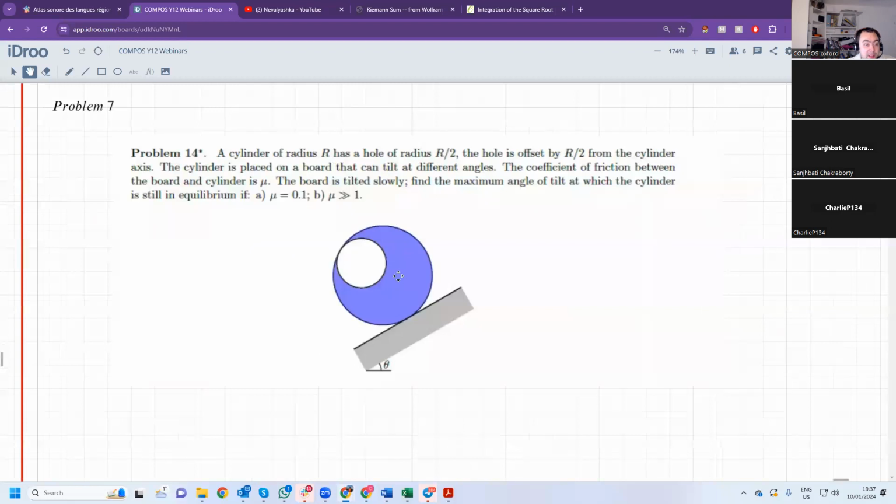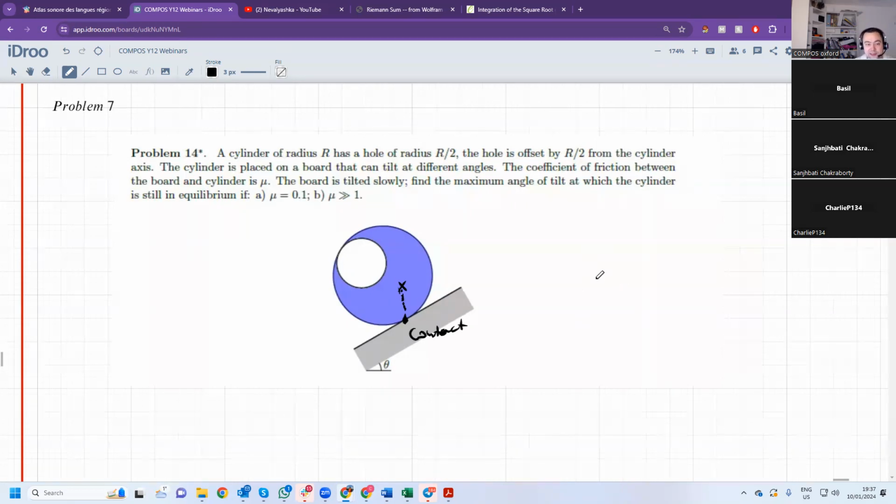Finally, this one, it's the same thing. You need to find the center of mass, and the center of mass will be directly above the point of contact, because only then can it be stable. Now, if we keep tilting it, at some point it will become horizontal, and from that position it will just roll over.